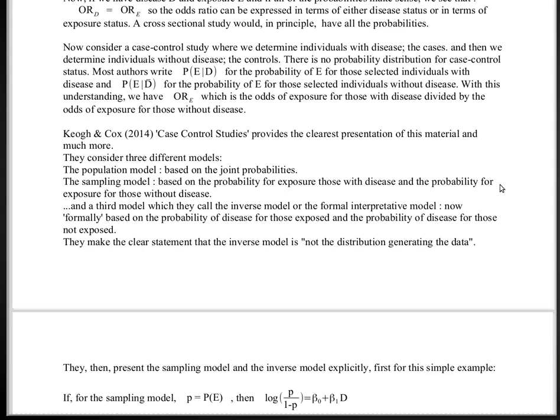But then they note there's a third model. They call it the inverse model, where one formally expresses the probability of disease for those exposed and the probability of disease for those not exposed. And they make it very clear in their book that this so-called inverse model is not giving us the distribution that generated the data.